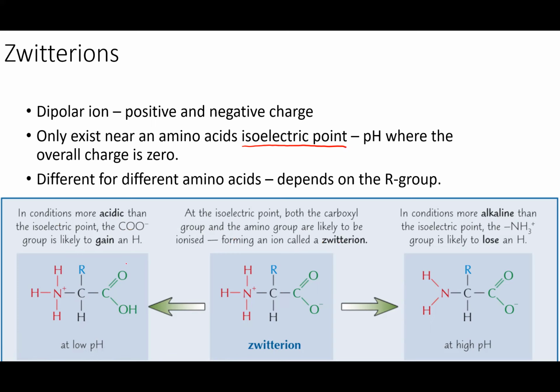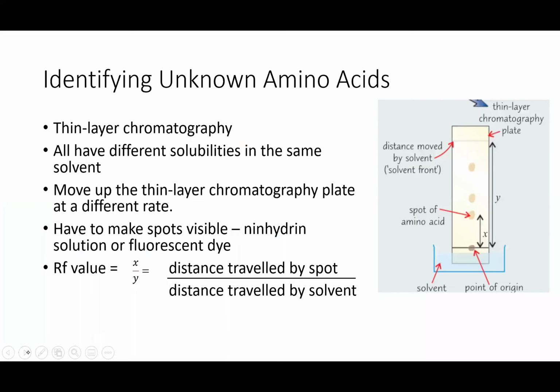So this would happen here. Or at a high pH, in conditions more alkaline than the isoelectric point, the NH3 plus group is likely to lose a hydrogen. And that's what we mean by a Zwitter ion.